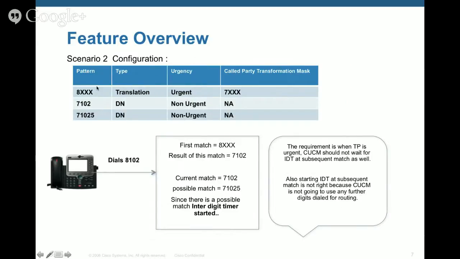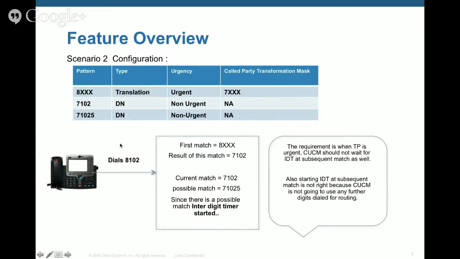Example, you have a translation pattern which starts with 8 followed by 3 X's, with urgent priority checked, that transforms to 7 followed by 3 X's, wherein you have two DNs which are overlapping like this. You have 4 digits which starts with 7102 and another DN which has 5 digits, which is 71025.